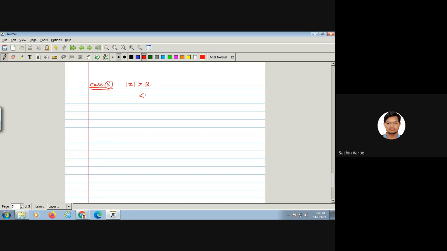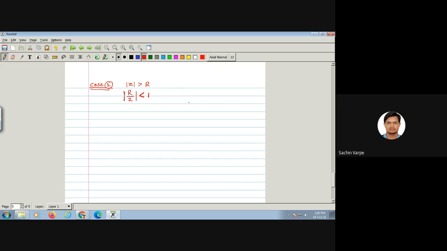Always remember, I want a quantity less than 1. So what will be here in mod? I'll have to divide both sides by mod z, right? If I divide both sides by mod z, then what will I get? I'll get mod of r by z less than 1.